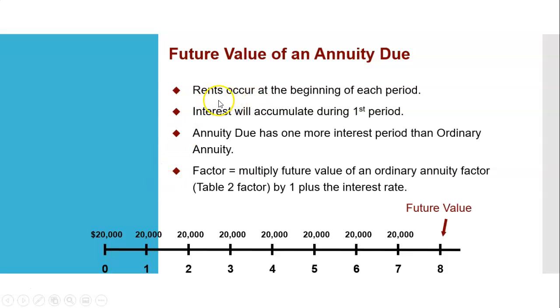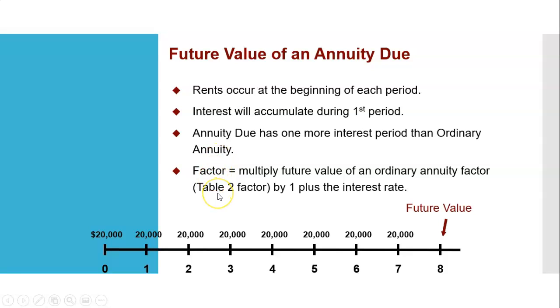Now, if the rents occur at the beginning of each period, then we're going to call this an annuity due. It has this extra interest from the first period, so it has one more interest section than an ordinary annuity would.